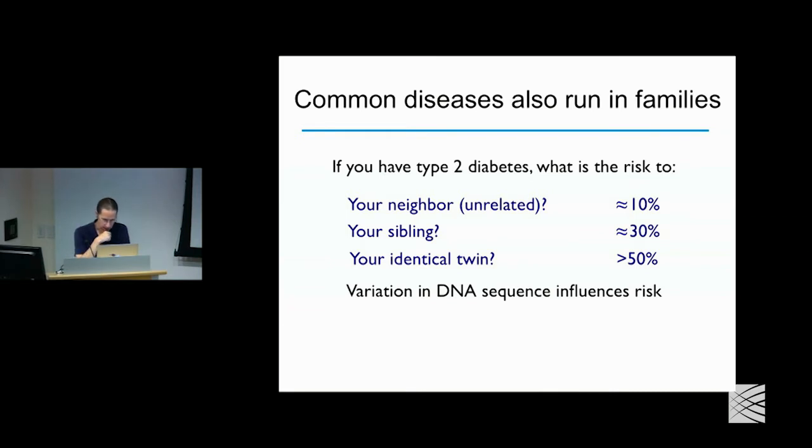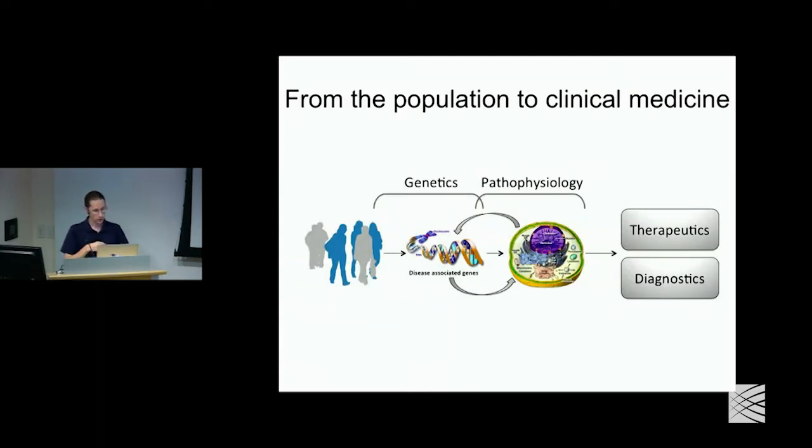What this tells us is that inherited variation in your DNA, the DNA that you're born with in your germline, influences disease risk. And the whole premise of what we've been doing in medical and population genetics for more than 20 years is trying to use the genome to provide fundamental clues and insights into the underlying biology of human disease.